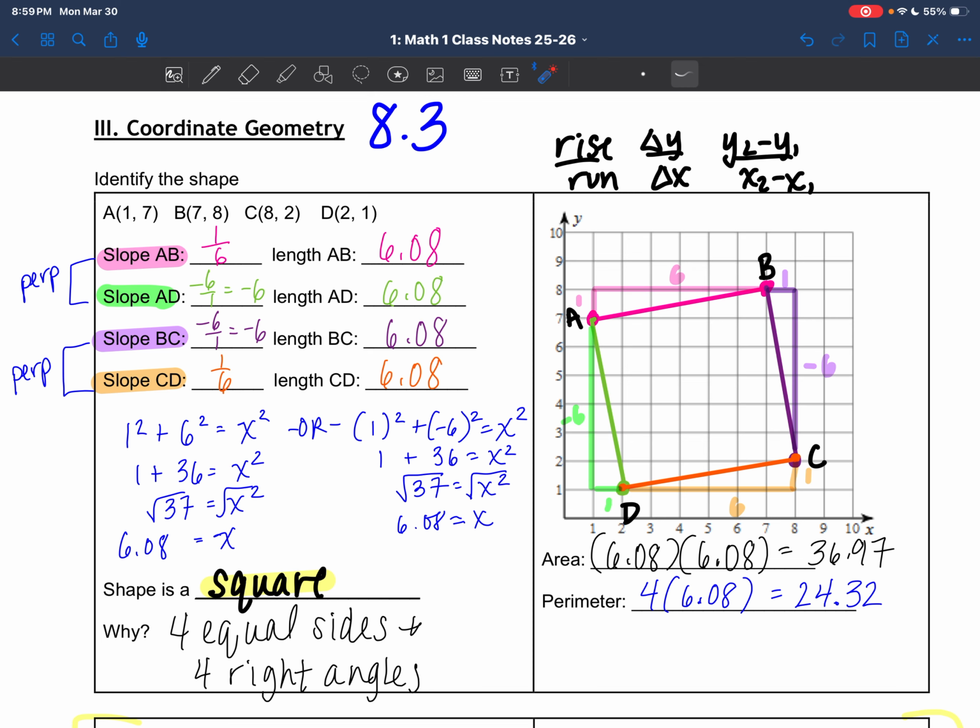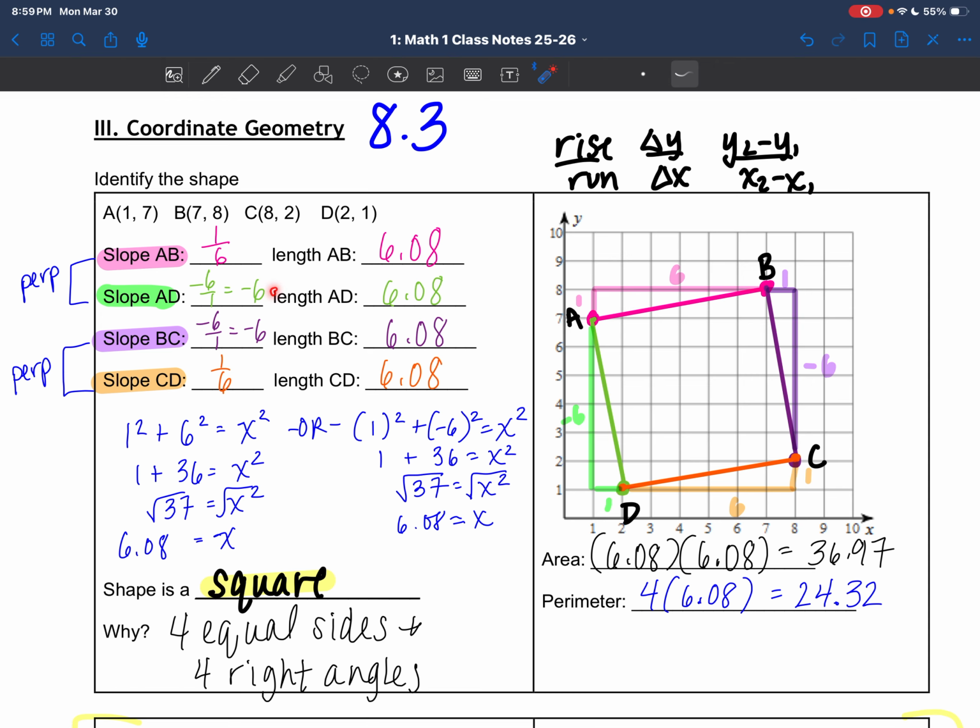So I'm going to keep going with BC, and I'm going to do the same thing, or from C to B actually is what I did. So I'm going up 6 and to the left 1, or you can go down 6 and to the right 1. Either way works, but your final slope should be negative 6.